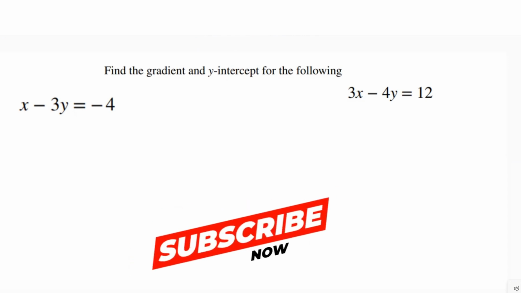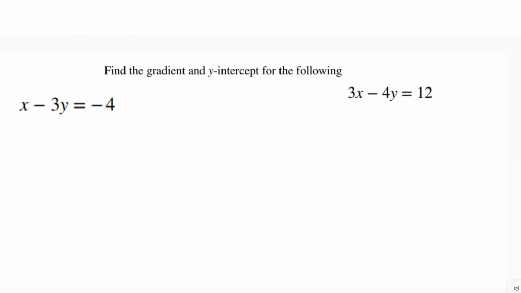Now let's learn how to find the gradient from slope intercept form or gradient intercept form, which is y equals mx plus c, where m means slope or gradient and c is y-intercept.